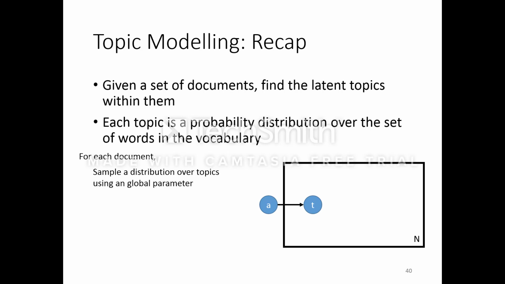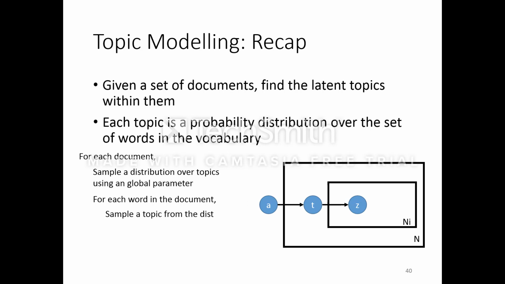Let's say there are 100 topics, and you might sample a distribution that is highly skewed in favor of maybe 3 topics, say T13, T50, and T87 have high values and all the other topics have low values. That is an example of a distribution over topics, derived using a global parameter, and we don't get into the details of the parameter at the moment.